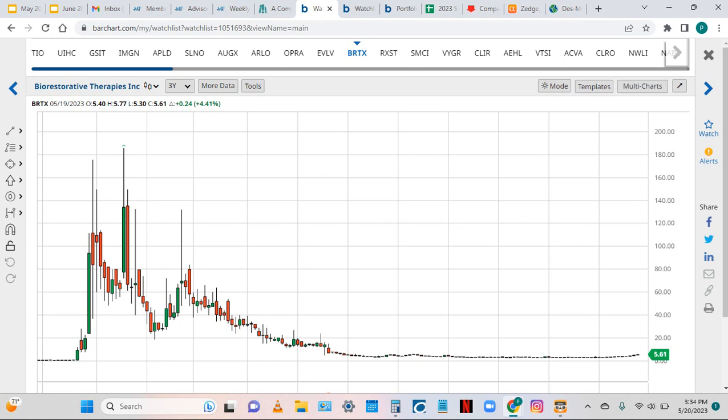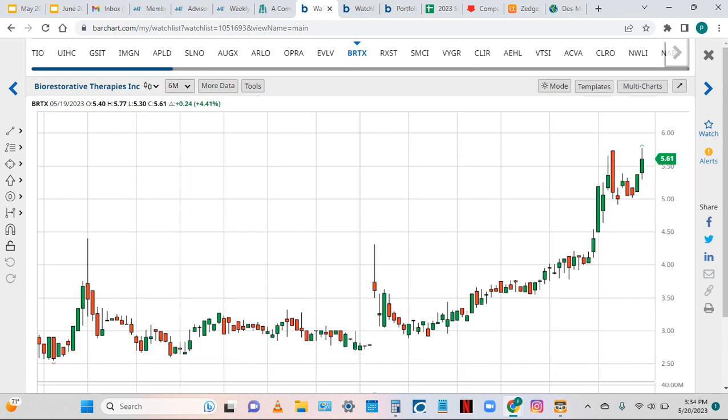If I already owned it, I would hold it, or I may consider getting into it. Looks like it's starting to make a turn up. Now, this is a longer term chart, so it's going to be harder to see some of these smaller movements. We could take a look at that one on a smaller time frame, like we go down to a 6 month chart. So that looks kind of extended on this chart, but looks like it's made a turn.